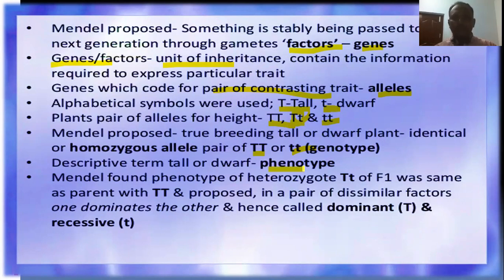Mendel found that the phenotype of the heterozygote, capital T small t, of F1 was the same as the parent with capital T. Based on the experiment, he called one the dominant and the other the recessive one, right?